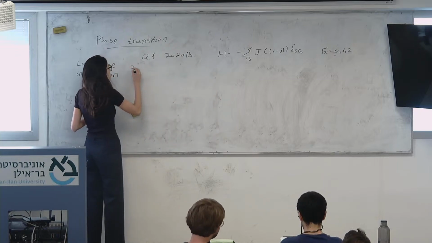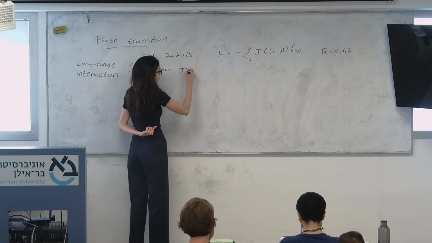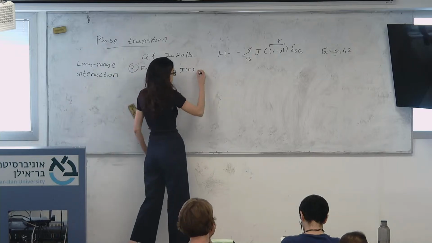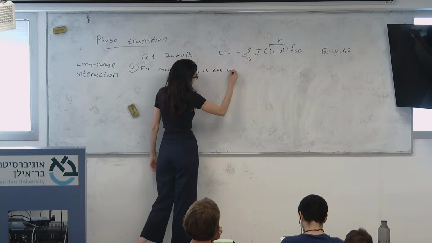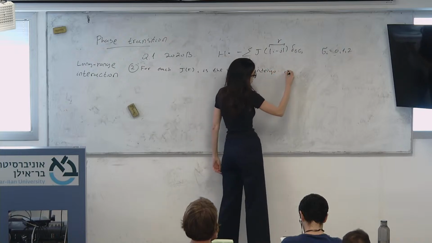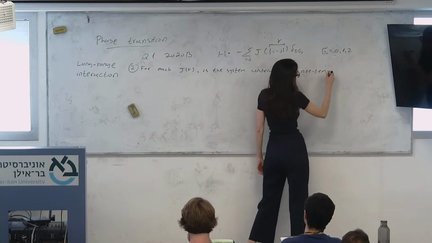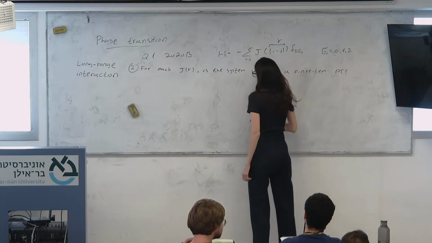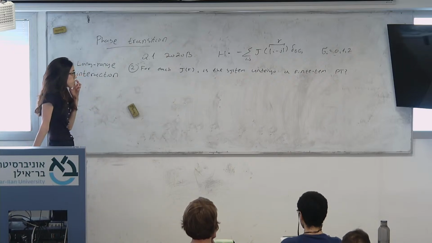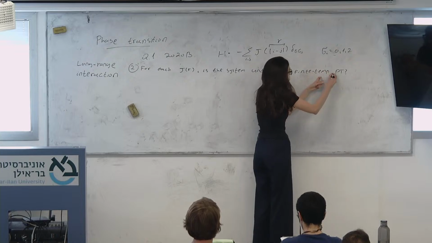So for each, let's call it J of R, does the system undergo a finite temperature phase transition? Temperature. This is phase transition.